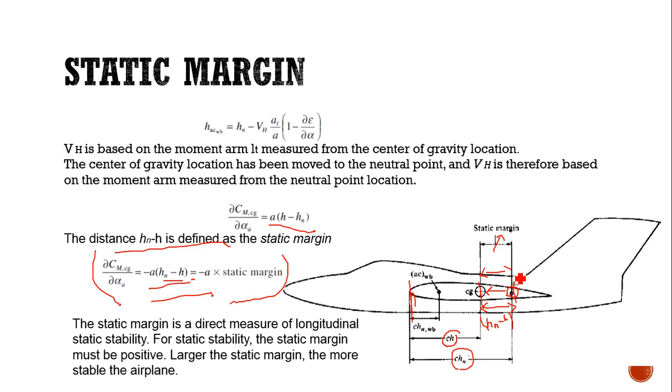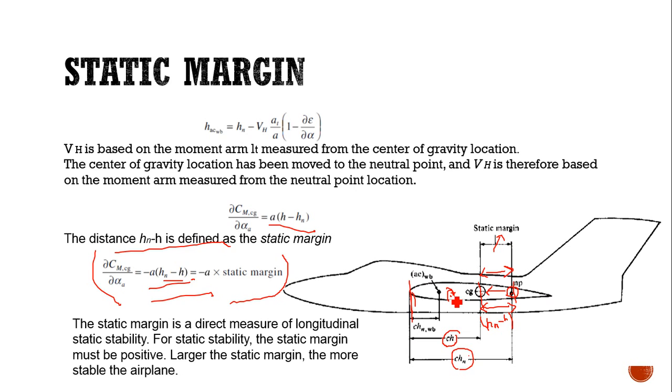If this distance is positive, we will get more stability, and if the distance is negative, it means it is unbalanced. That means when the neutral point shifts ahead of the CG, the aircraft is in an unbalanced condition, or we can say a statically unstable aircraft.